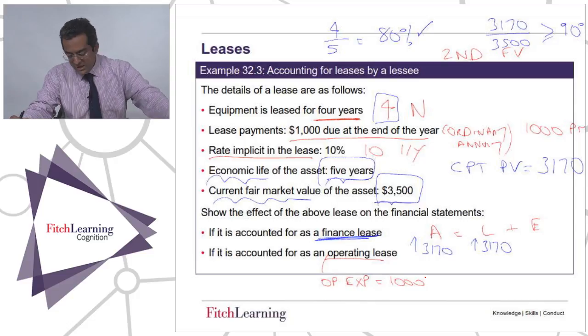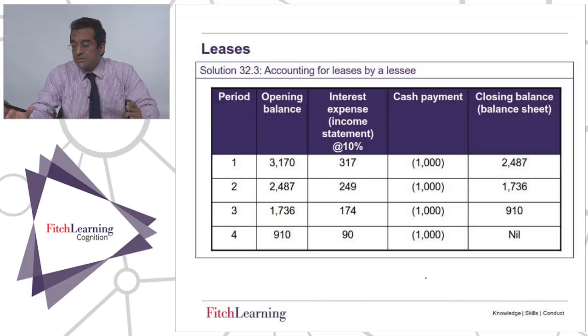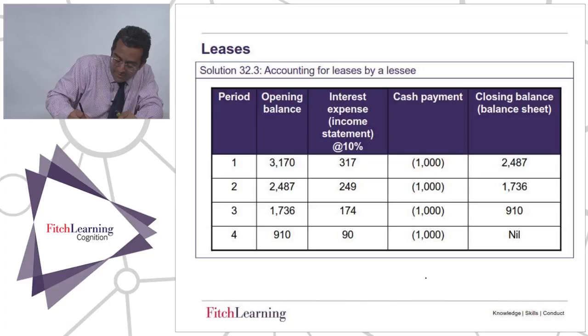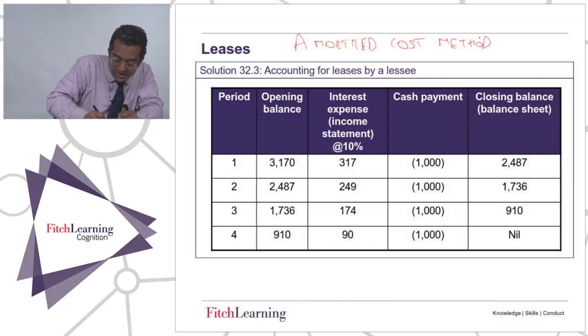Okay, now if we just take that forward a bit, look at that. Straight away we're back into our amortizing cost method. Same method we were using for bonds. The same method we're using for lease payable. Please note it's the exact same structure of the table. We have this time 4 periods, but still they're annuals, aren't they? Annual periods anyway.